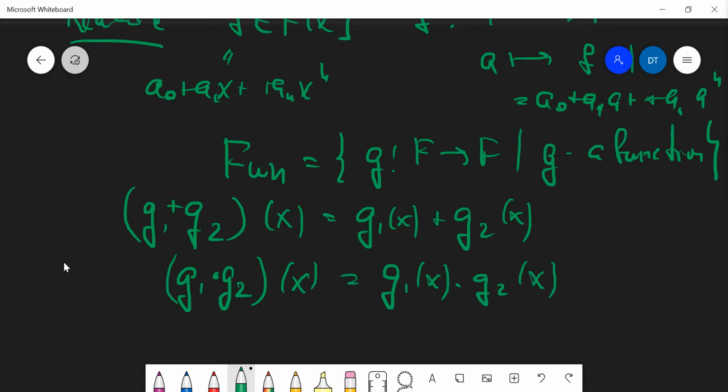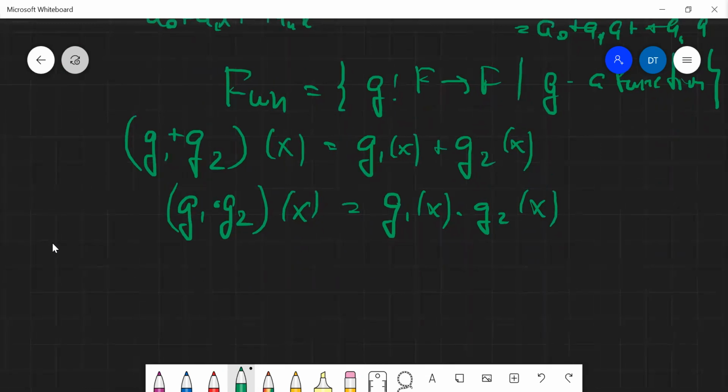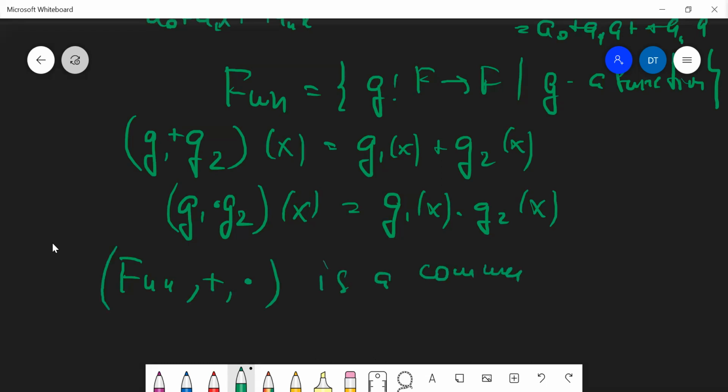Then one may check that the set of all functions is also a commutative ring with respect to these operations. Just in case, what are the zero and the identity element of this ring? The zero function, which takes each element to the zero element, is the zero element of this ring.